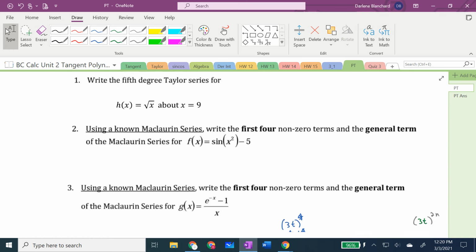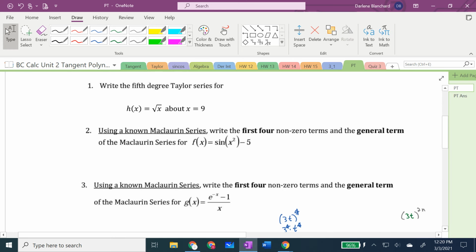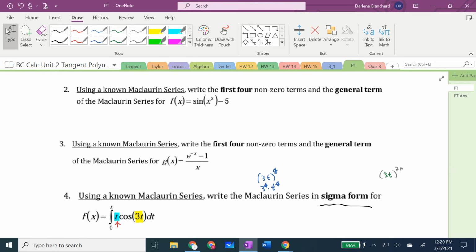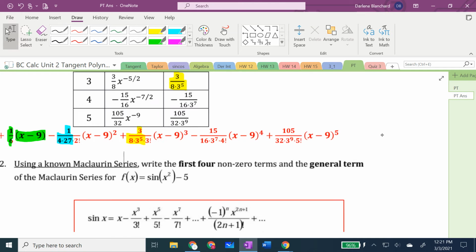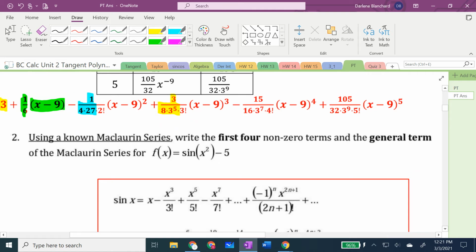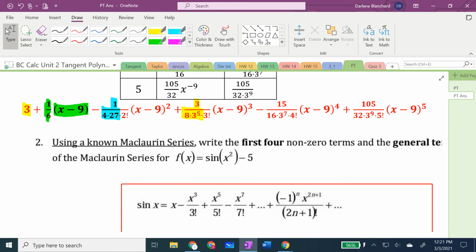Then for the second problem, 2, 3, and 4 are really asking you to start with the known series. I'm going to save us a little bit of time by pointing out the answers and talking through it that way. So you start off with, this is the series for sine x.